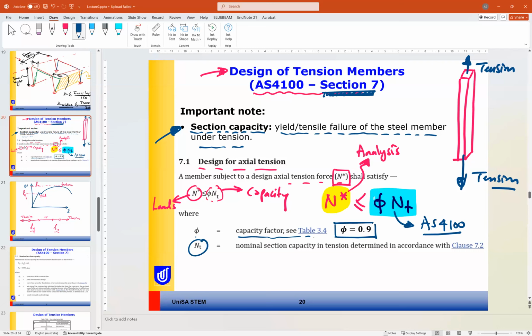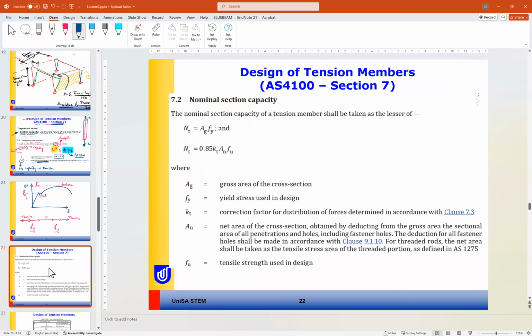Nt, the capacity in tension, is defined as the nominal section capacity in tension according to clause 7.2. If we go to clause 7.2, the nominal section capacity of a tension member is the lesser of two values.